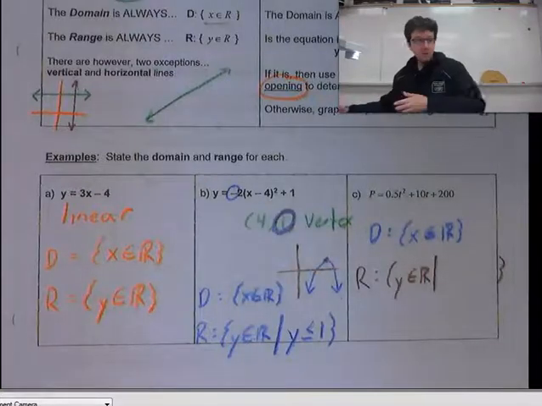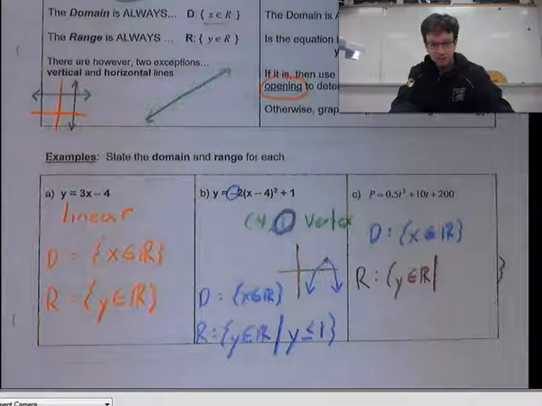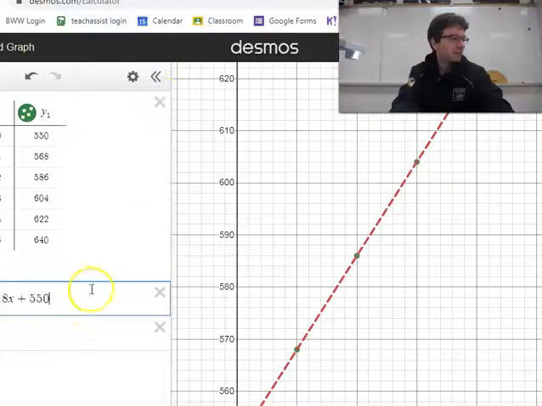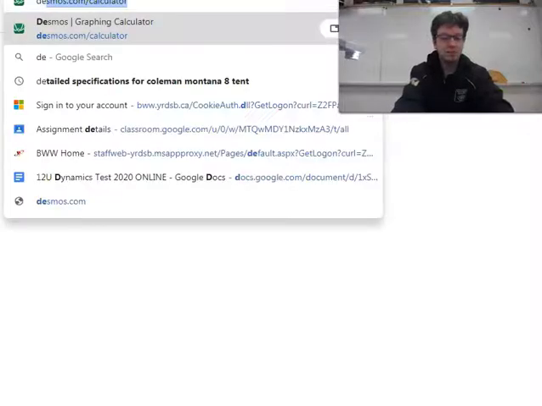But for now, what we can do is use a little bit of technology. And you can open Desmos. I'm actually going to open a new one because I want to look at that later.